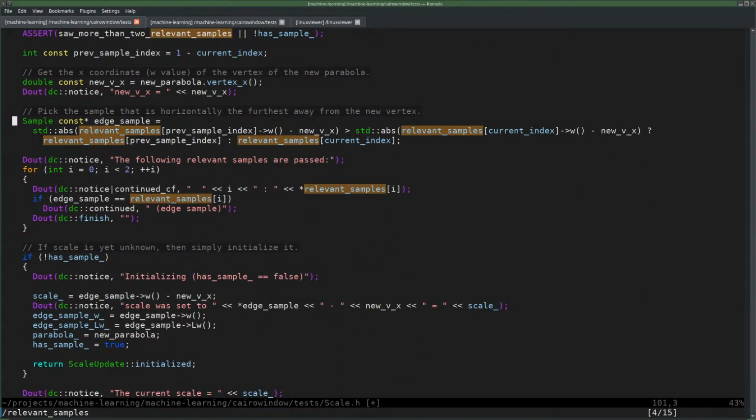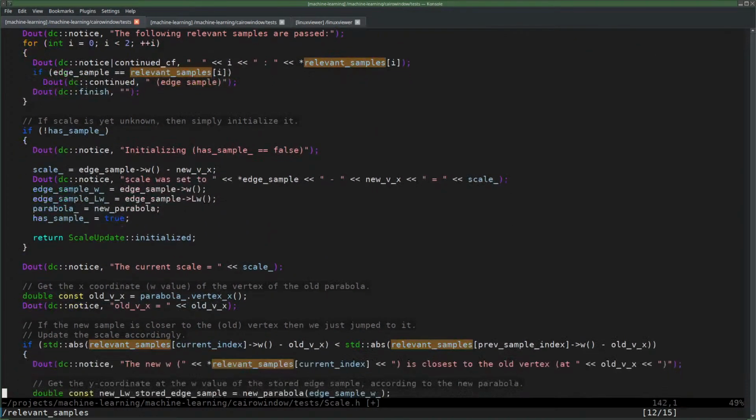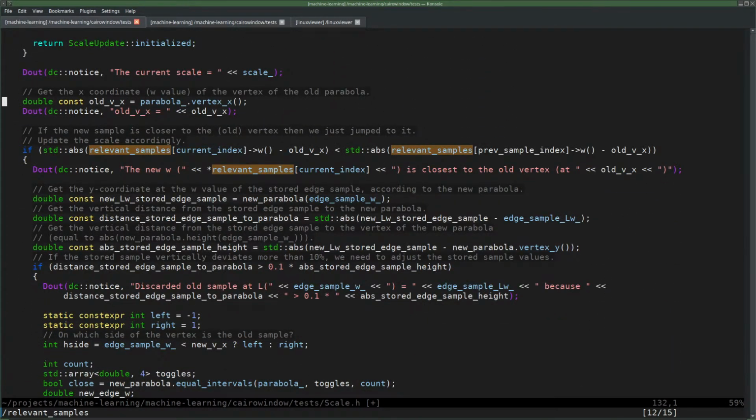And that is unlikely further away, so it's probably also the new edge sample. So this should never happen. We're definitely not jumping to it, we're going away.